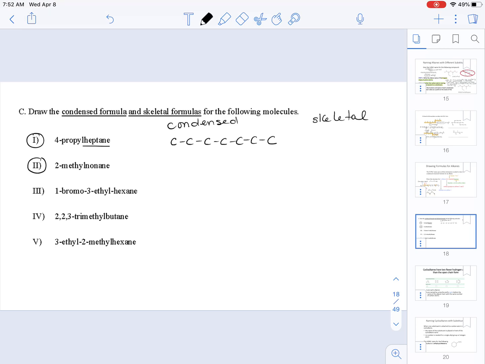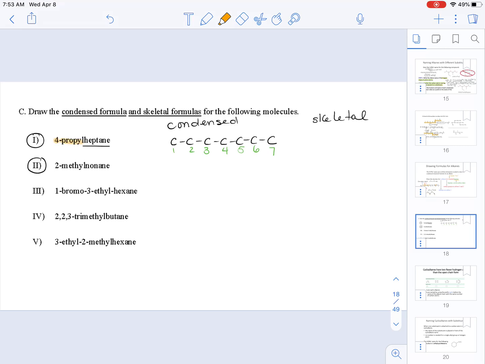Then I know that in this heptane, and again, I'm numbering it to my convenience. Since in English we read left to right, I'm just going to number it 1, 2, 3, 4, 5, 6, 7. The name tells me that I have a substituent on position 4, and that substituent is a propyl group.